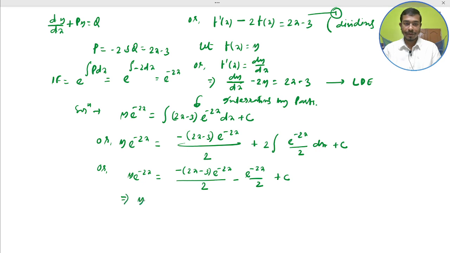This implies y equals 1 minus x plus c e to the power 2x, dividing both sides by e to the power minus 2x.